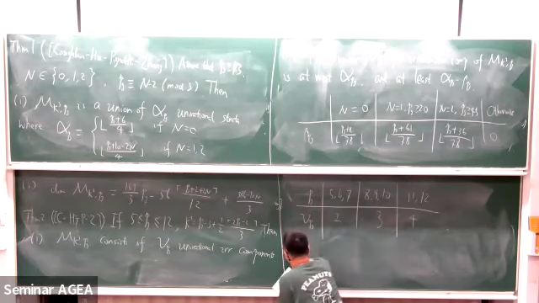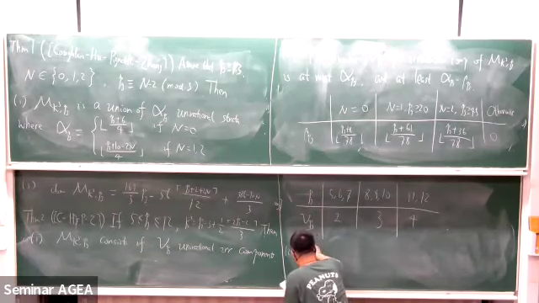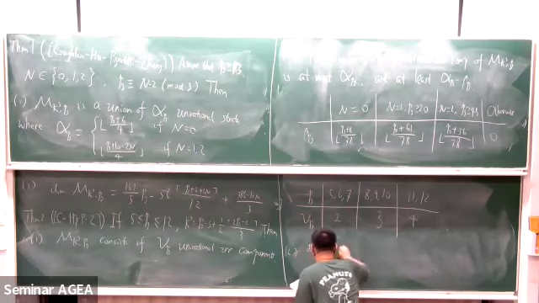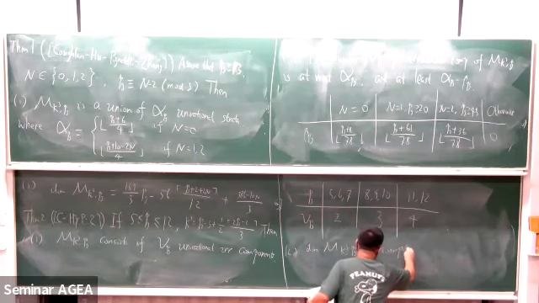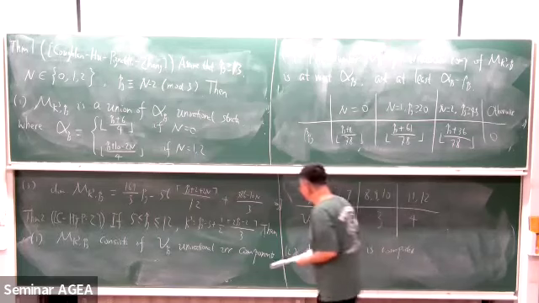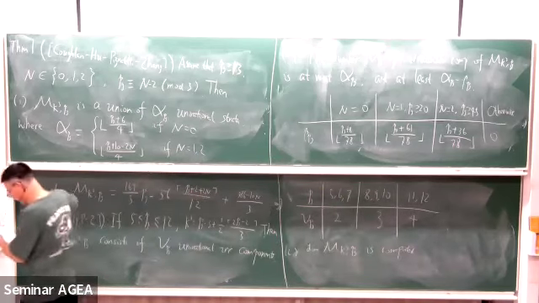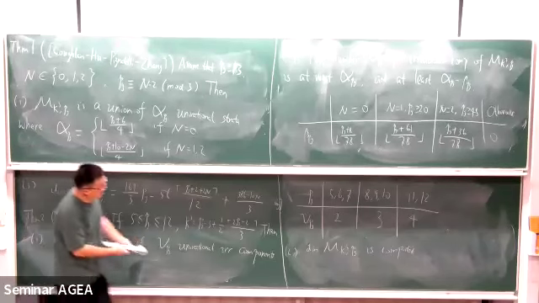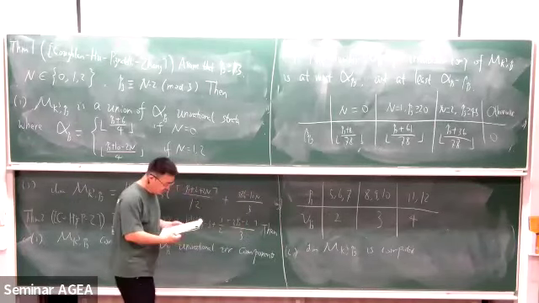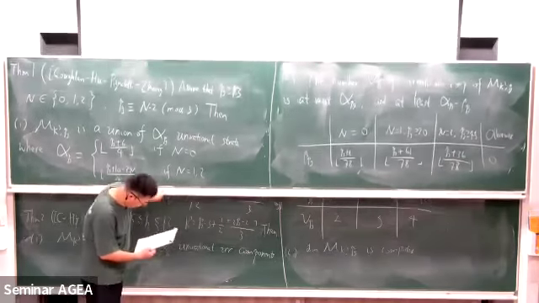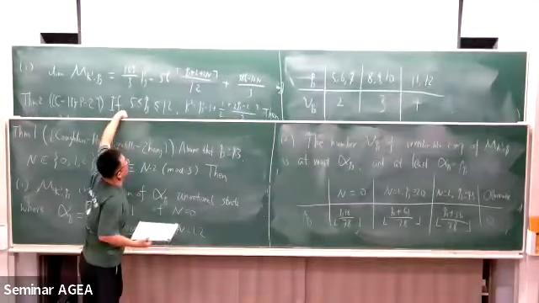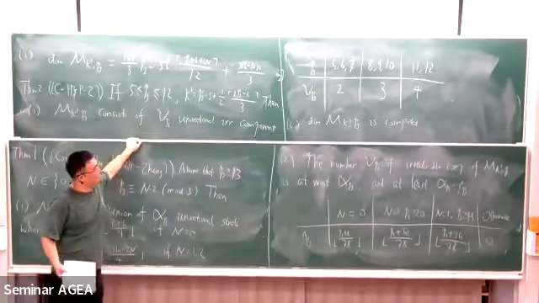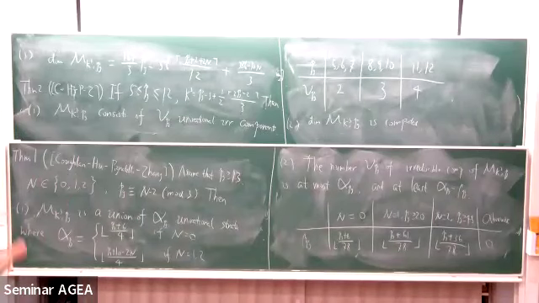And the dimension is also computed. The dimension of each component is computed, but it is a little long. So this is for the case when PG is larger than or equal to 5. You may ask, how about the case when PG is less than or equal to 4?